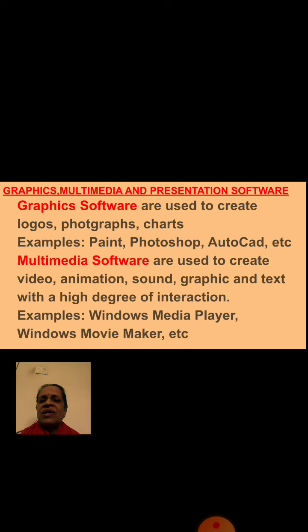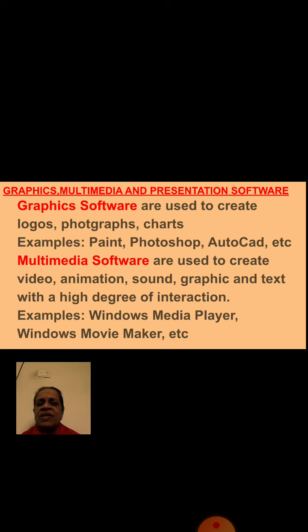That is what we call logos, photographs and charts. So in the previous class already you have learned Paint, where you used to draw pictures, Photoshop, where you can edit photos, AutoCAD, where the engineers draw their sophisticated mechanical, electrical, civil and architectural drawings, and so on.